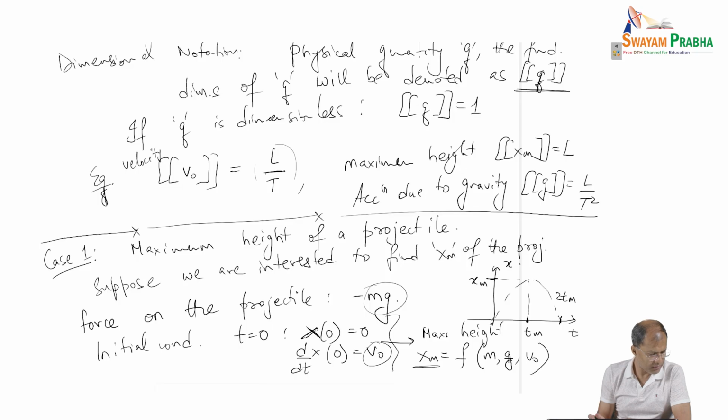Now what happens is, we first need to show that these variables m, g and v naught can only be combined in the form of some ratio. They cannot be added or subtracted to give the maximum height xm. Why is this the case?